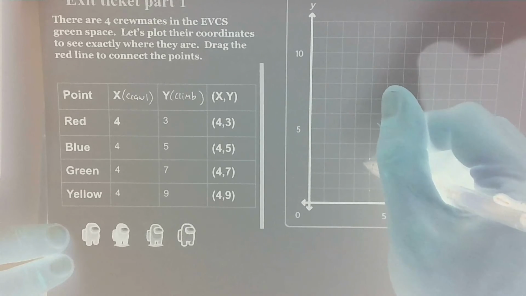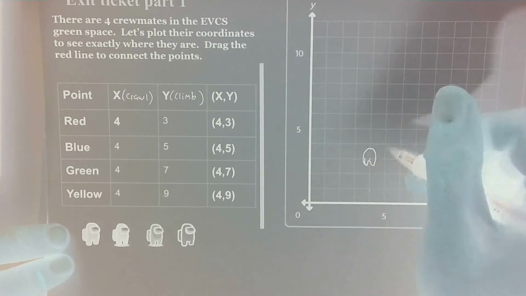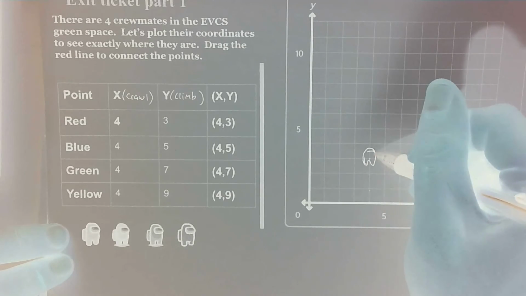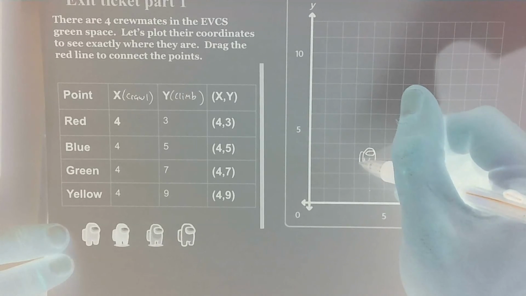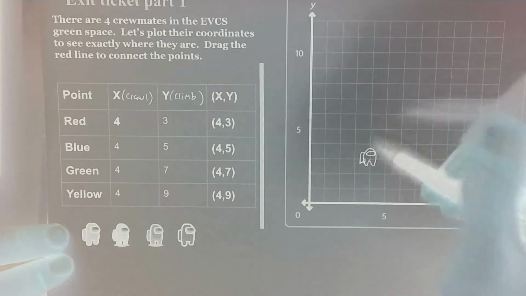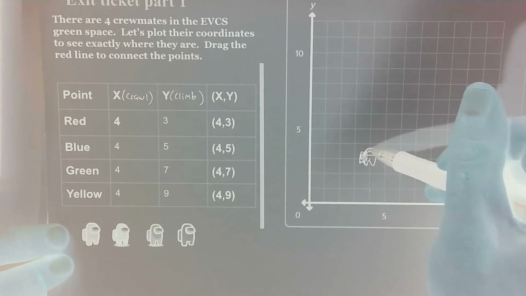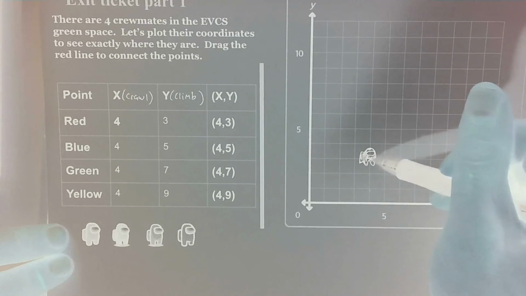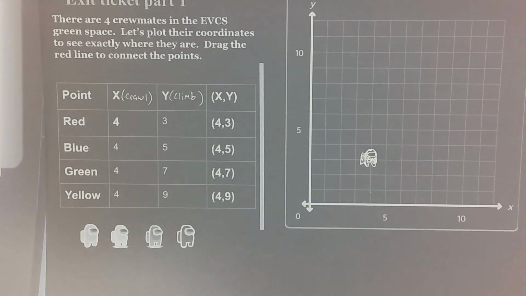Bear with me on my crewmate drawing here. Kind of looks like that's not bad. So there is our first coordinate point.